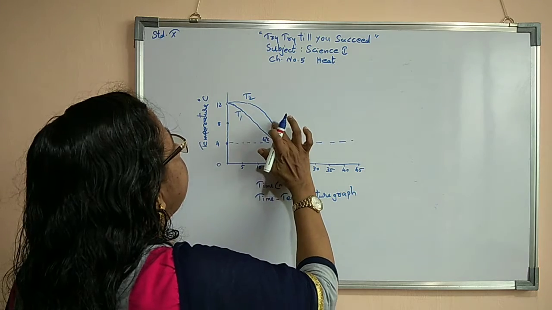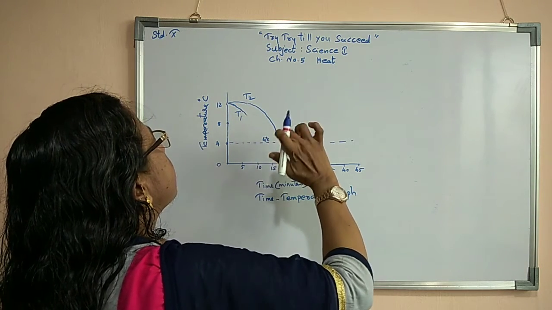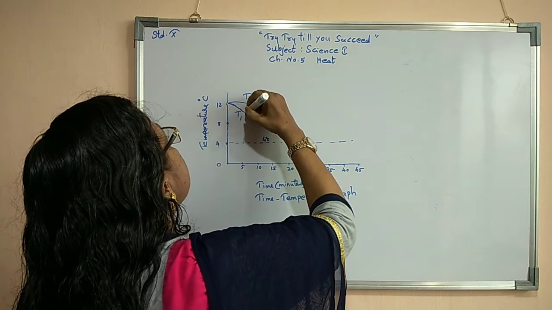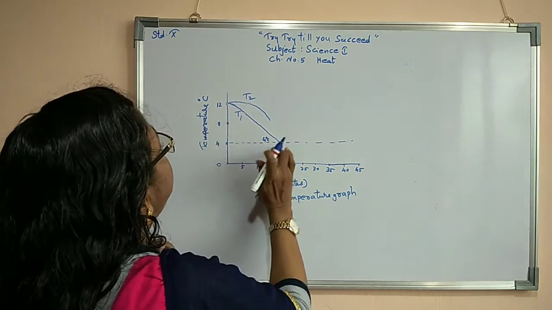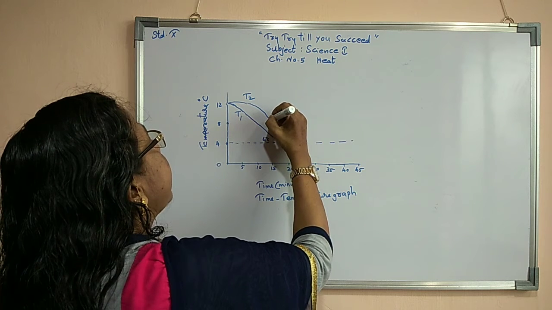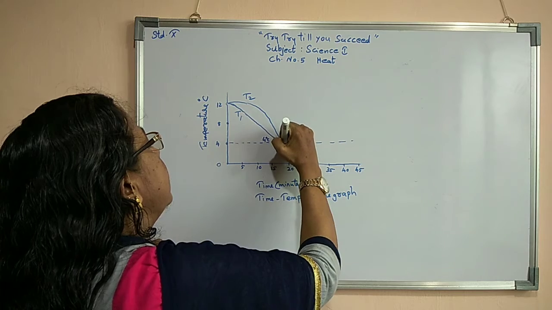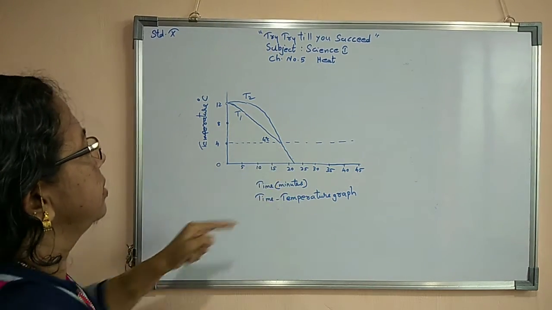So we can say that up to 4 degrees Celsius the first thermometer showed, then the second thermometer decreased its temperature continuously till 0 degrees Celsius.